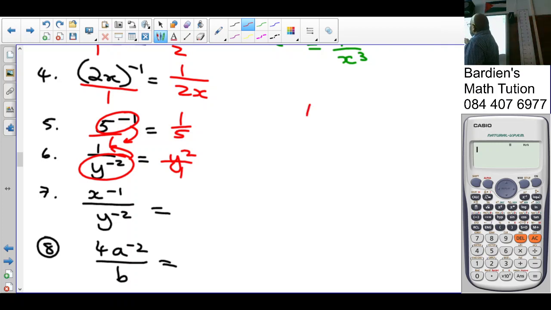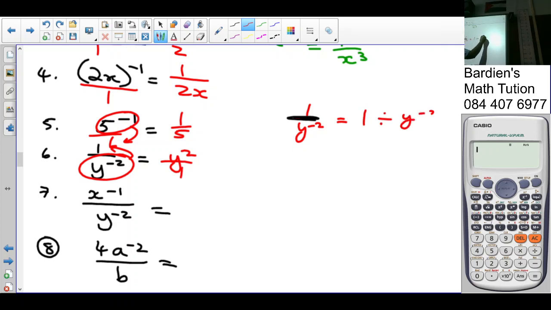We can look at it another way. What does this line here mean? Divide. So in other words, it is 1 divided by y to the minus 2. Not so? What is y to the minus 2?